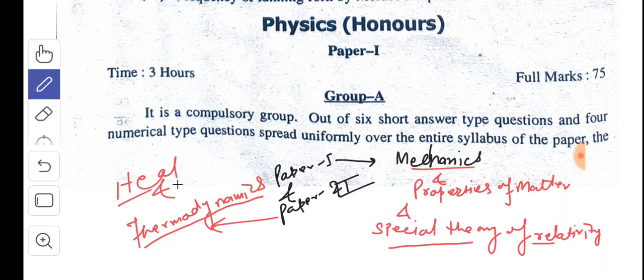Now we are going to see the syllabus in detail.